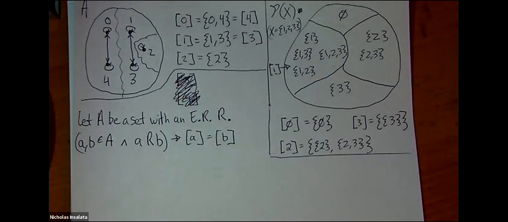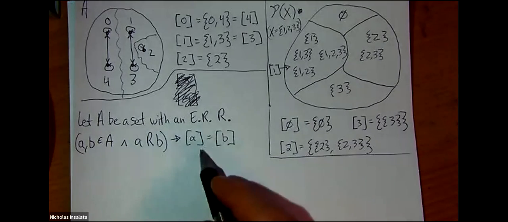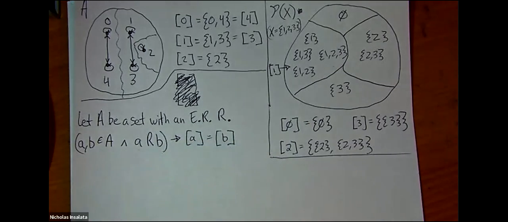All right. So we want to show that these equivalence classes are equal. What are equivalence classes? Like what sort of mathematical object are they?